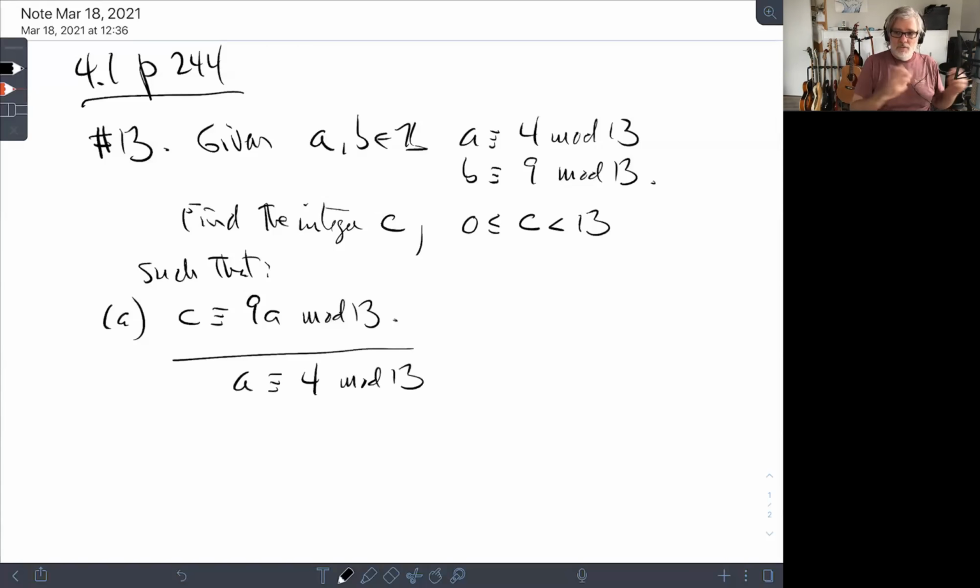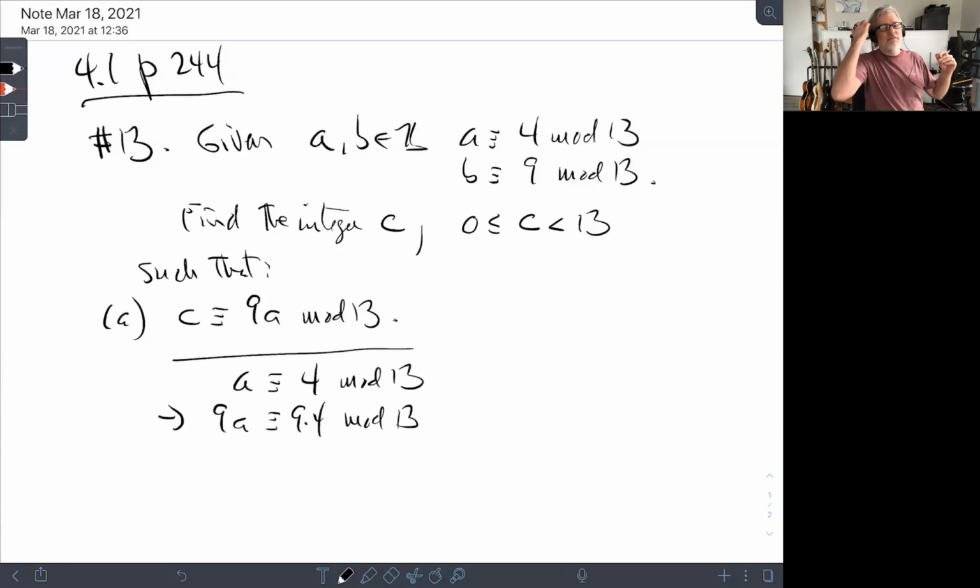And we know that we can multiply both sides by the same thing and everything will be fine. So that means that 9a is congruent to 9 times 4 mod 13. So that's fundamental, right? You can add and you can multiply, and this will respect congruences, okay? So 9a is congruent to 36 mod 13, okay?